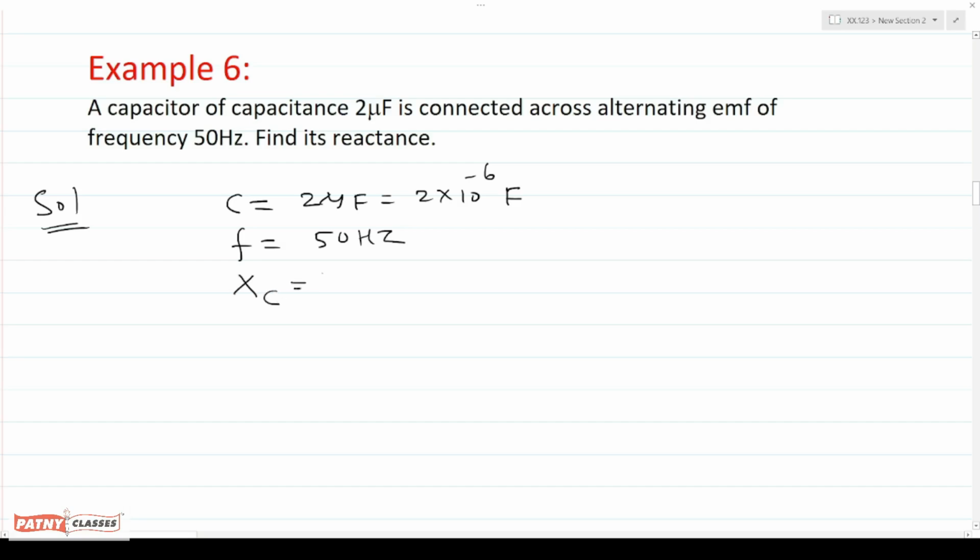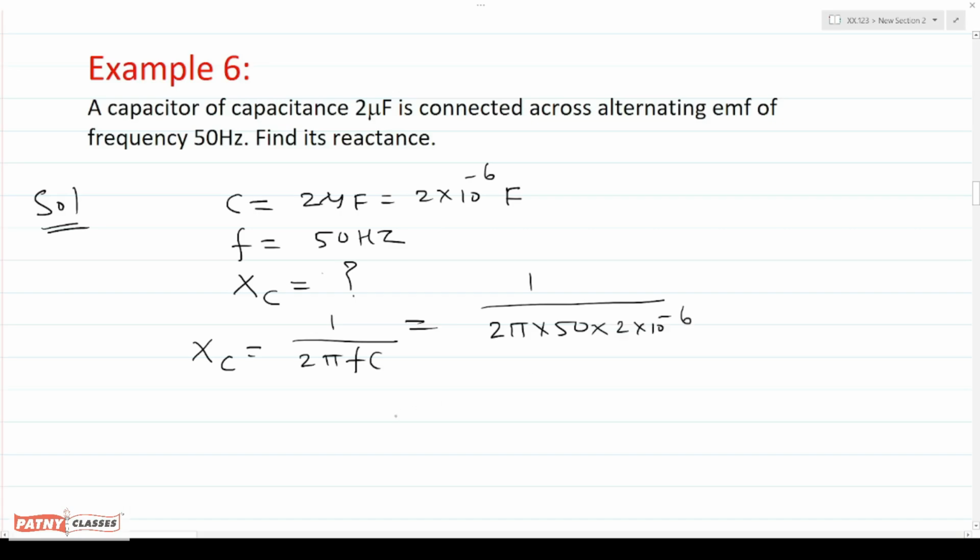Capacitive reactance Xc equals question mark. We know that Xc is given by 1 upon 2 pi f C.